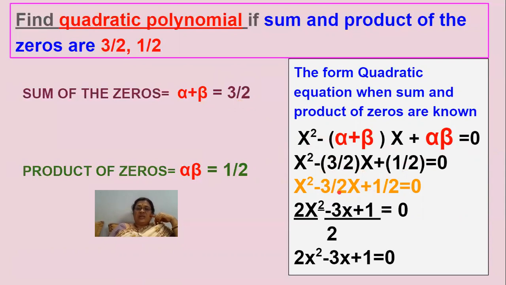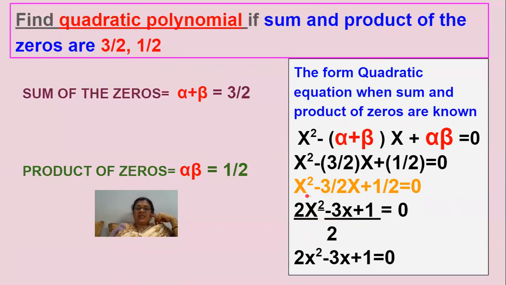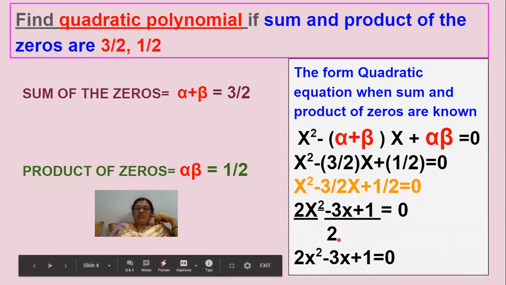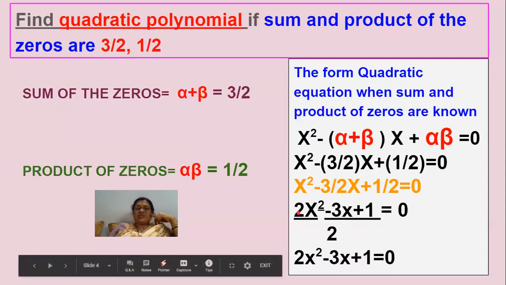So here, see, 2 are the denominators. When you take the LCM, the 2 will be the LCM, and for x square by 1, nothing is there in the denominator for this term. So you have to multiply the LCM with the coefficient of x square. The coefficient of x square is 1. So 1 into 2, you will get 2x square.